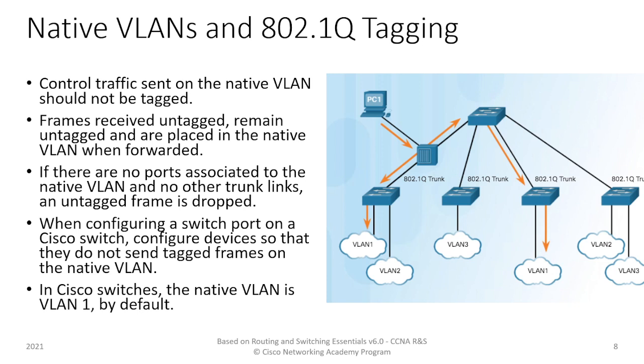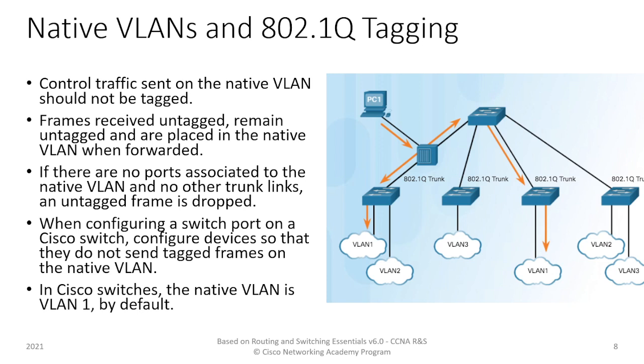So normally the native VLAN is by default VLAN 1. If we have devices attached to the native VLAN, then those packets will go forward to those parts of the network, VLAN 1, because by default that's the native VLAN. But if we don't have anything configured with that, then that packet will be dropped.